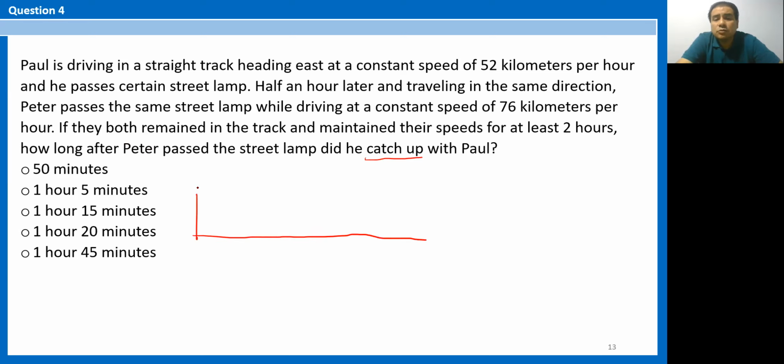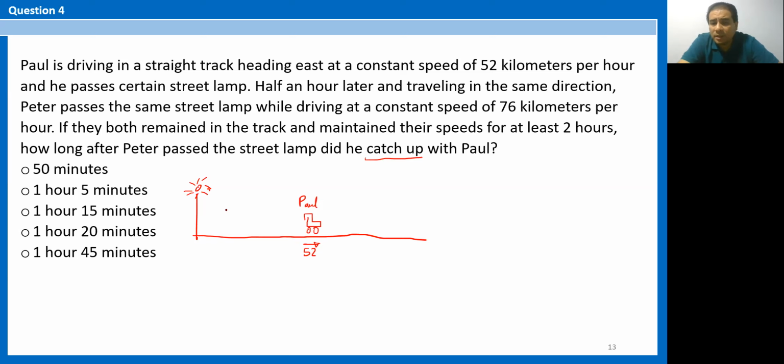There is a certain street lamp on the way the vehicles have, heading east, right? And you know, at some moment, Paul passed to this point, and then he continued his way, running at 52 kilometers per hour.